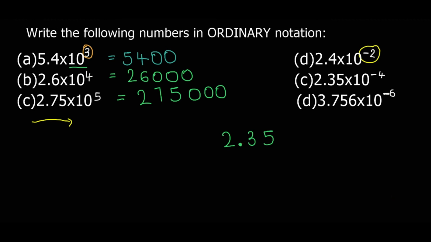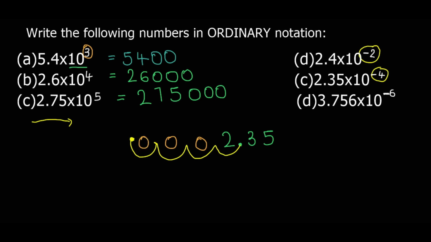And then because the exponent is negative, we will move 4 units to the left. 1, 2, 3, 4, then our decimal point is here, and then we will add the 0. 1, 2, 3.